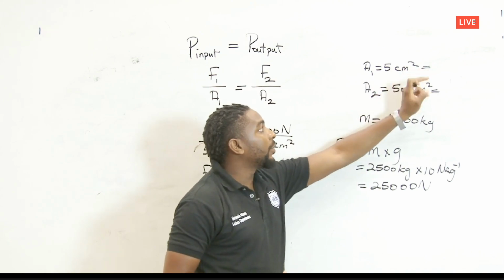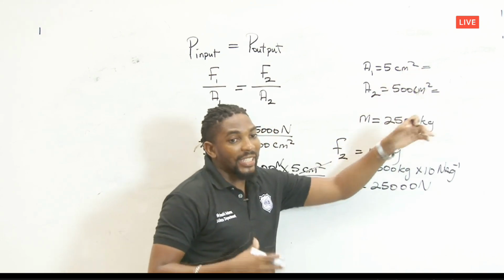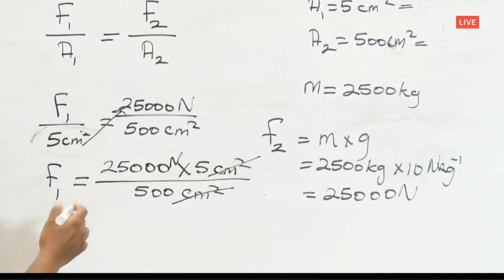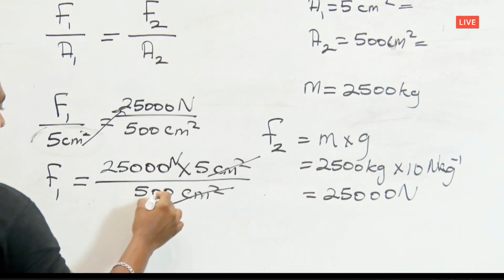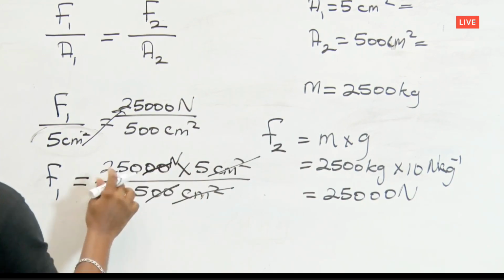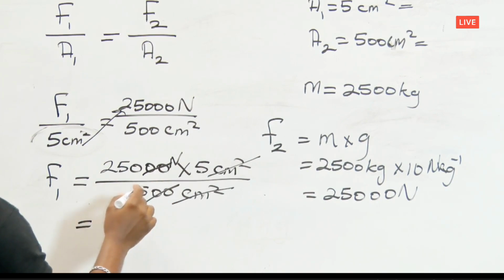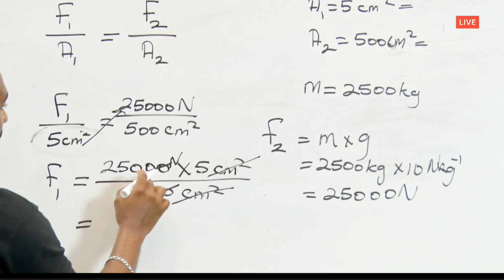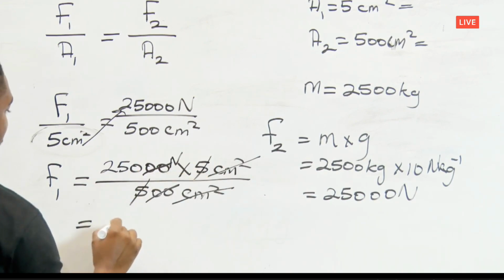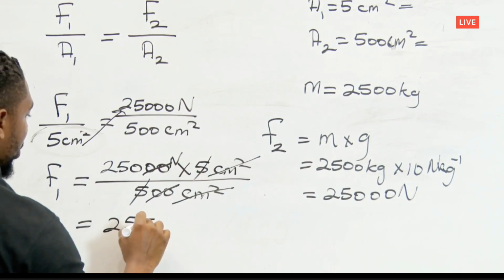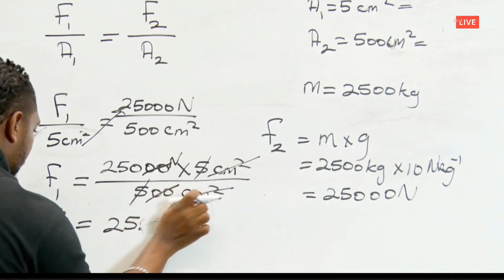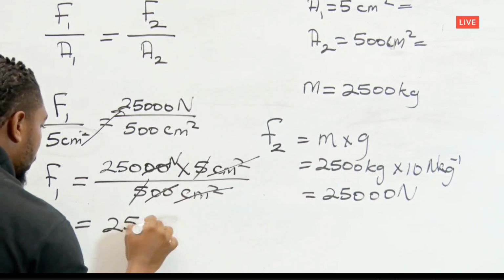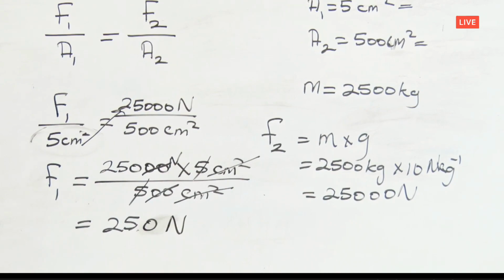If we had converted them to meter squared to begin with, the same thing would happen, where meter squared cancels meter squared, and the ratio of these values, 5 over 500 and 5 times 10 to the negative 4 over 500 times 10 to the negative 4, is the same ratio. Okay? So we cancel out that 0, 0. Right.